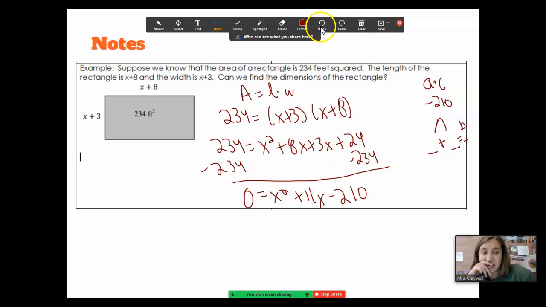My b is actually positive 11. So I'm going to do positive 21 and negative 10.